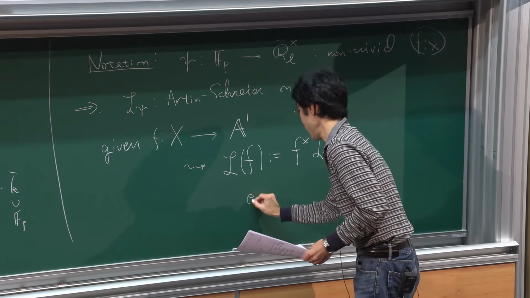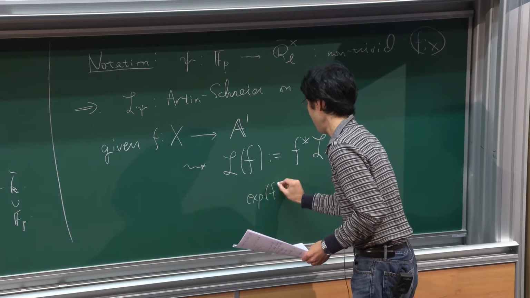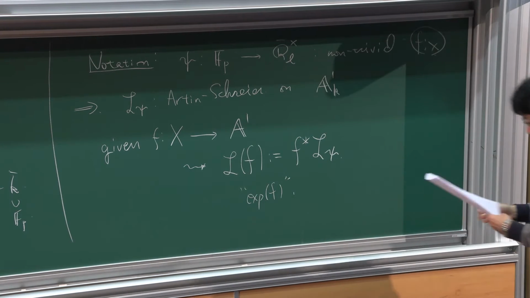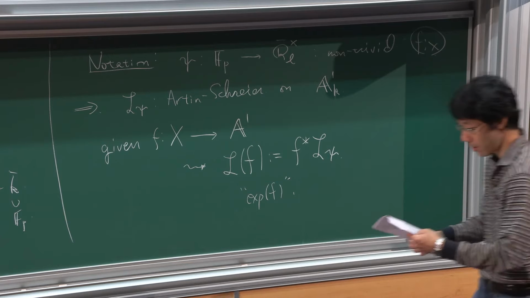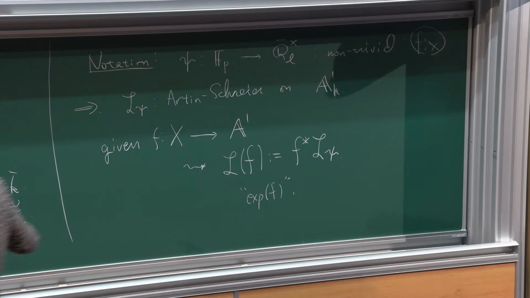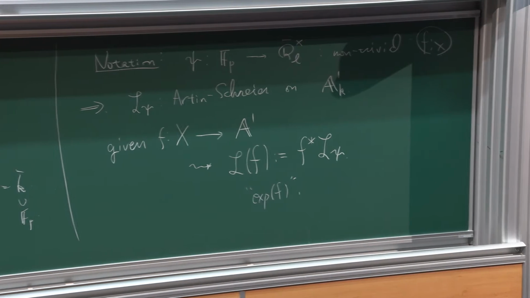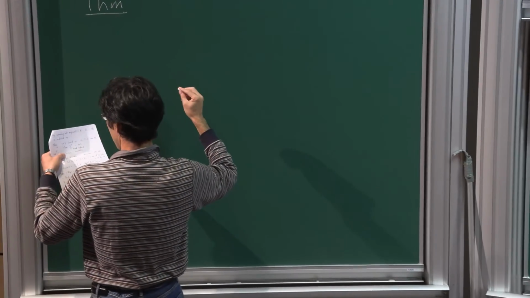So this is kind of exponential f. By a spreading out argument, the first part of the conjecture would be reduced to the following theorem. So this is pretty much geometric now.